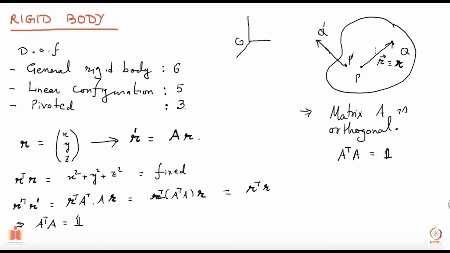That is what it is saying. So it's here, and we want to know what is the matrix A that has taken us from here to there. So let's say this orientation was at time t equal to 0, and this is the orientation at some other time t.